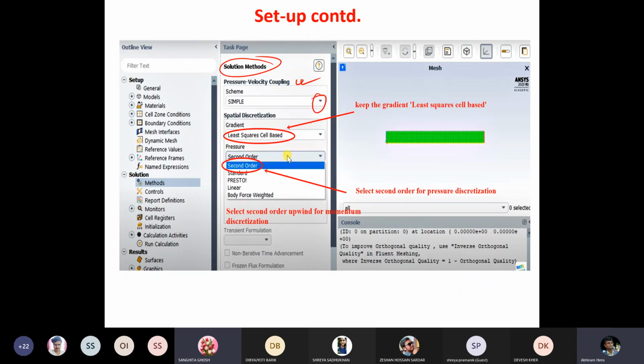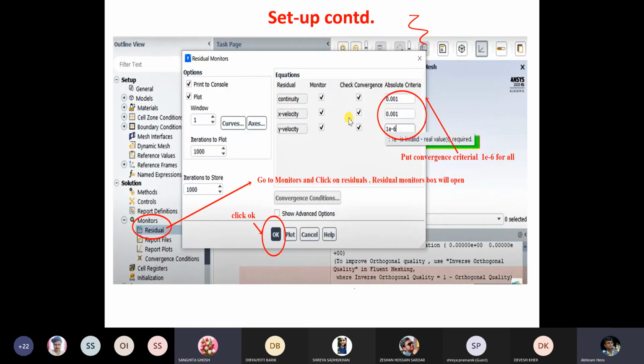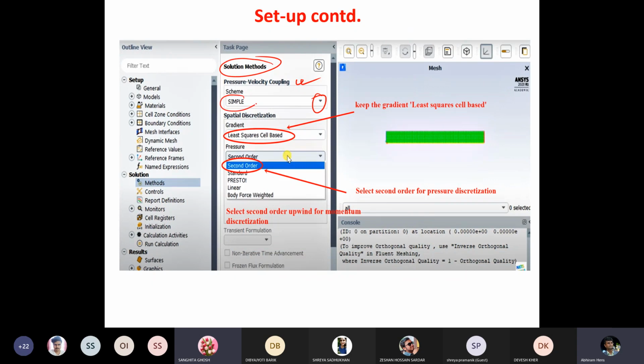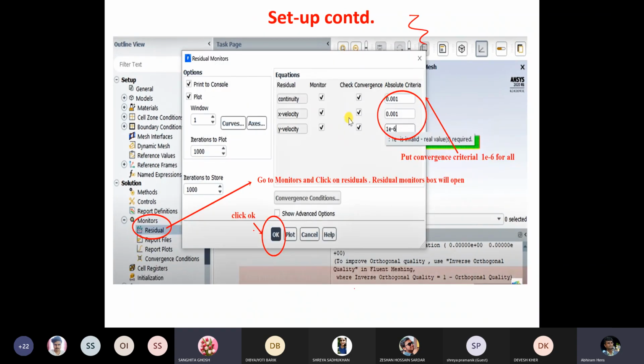If you push this drop down menu, a number of options will come. However, the most popular one is this SIMPLE algorithm, and it is the default option. You can also see the interpolation schemes like second order upwind, PRESTO scheme, linear scheme. So there are many options available, and you can take the proper one.